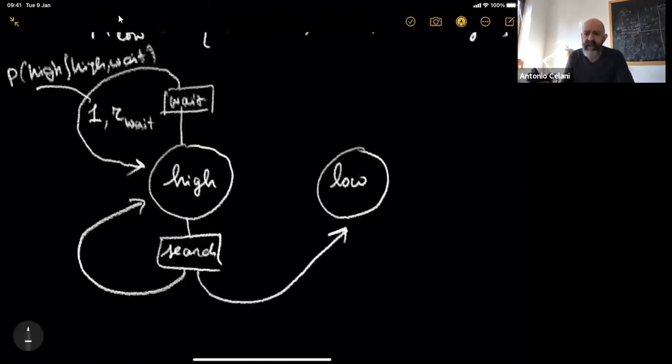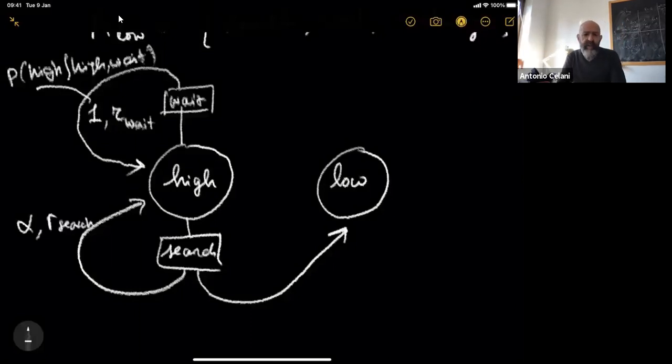Maybe the search is relatively short, and therefore it gets back to the high level of charge, or maybe it's long and consuming and it takes to a low level of charge. Again, the level of charge is a continuum, so here we're making wild approximations, but it's just for the purpose of setting a toy model. And then in this case, you can have an R search.